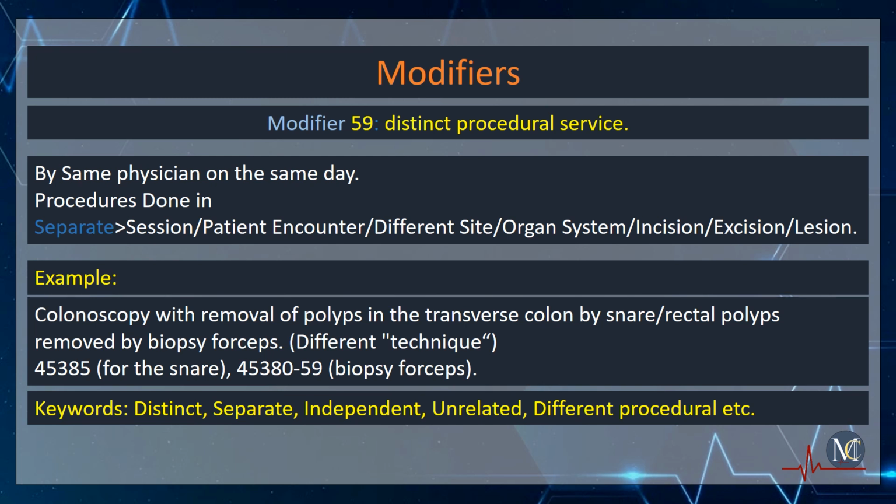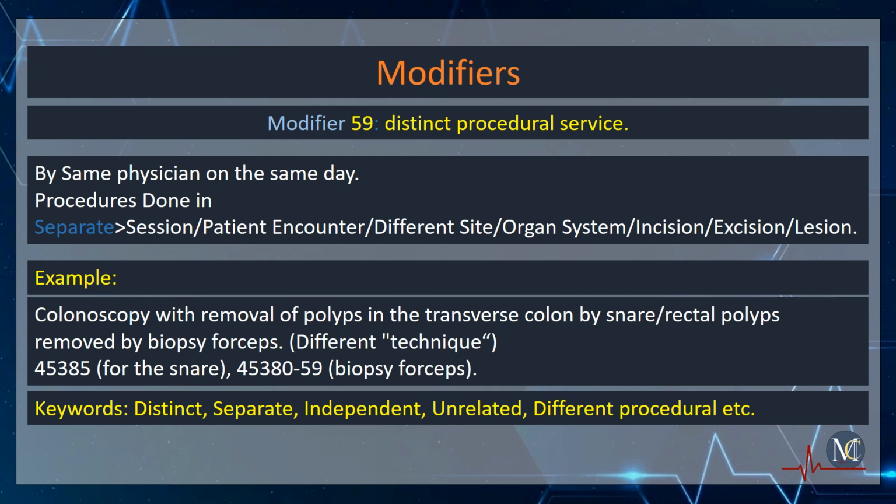This modifier is typically used to indicate that a procedure or service was performed separately and should be reimbursed separately. To apply modifier 59, the procedure should be done in a separate session, patient encounter, different sites or different organ system, separate incision or excision.